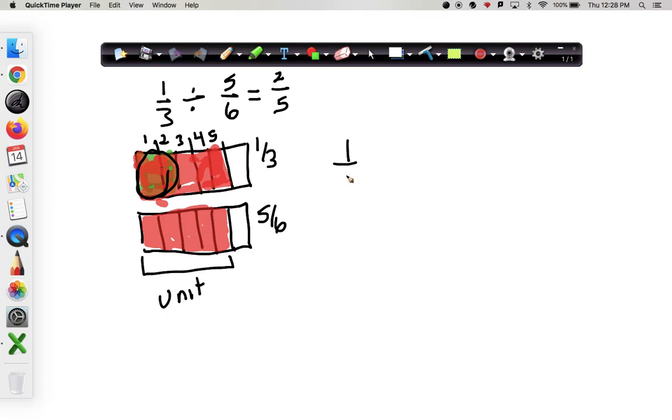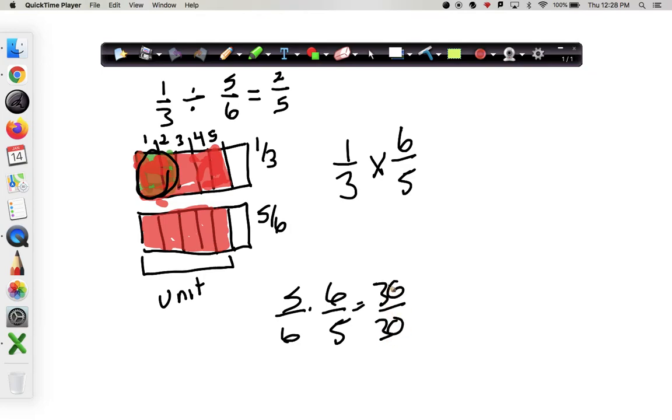So with symbols, we do 1/3 times the reciprocal of 5/6, which is 6/5. So reciprocals mean this: 5/6 times 6/5 is equal to 30 over 30, and that's equal to 1.